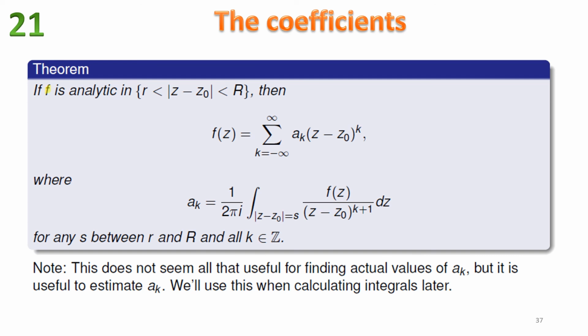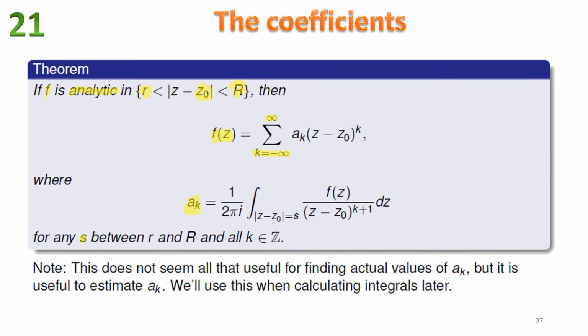If f is an analytic function in the region of the annulus of radius small r to capital R centered around z0, then f of z can be expressed by the sum of a_k into z minus z0 to the power k, where k is rolling from minus infinity to plus infinity, and the coefficients, using the Cauchy integral theorem rather, can be expressed like this.